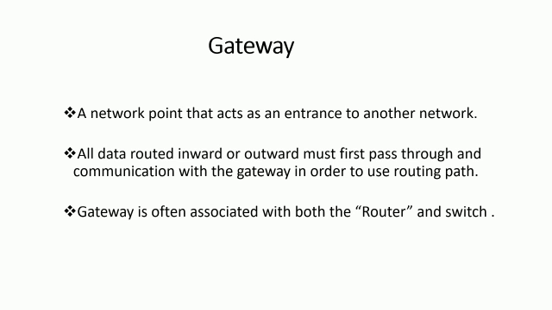A gateway. A gateway is a network point that acts as an entrance to another network. It's a device that provides communication to a remote network or to an autonomous system that is out of bound of the host network nodes.